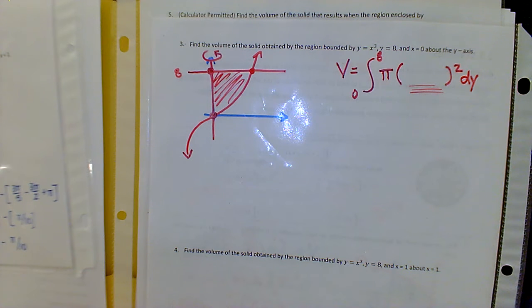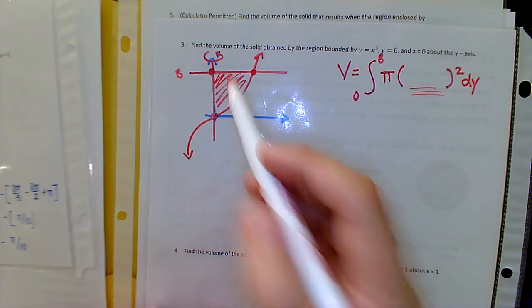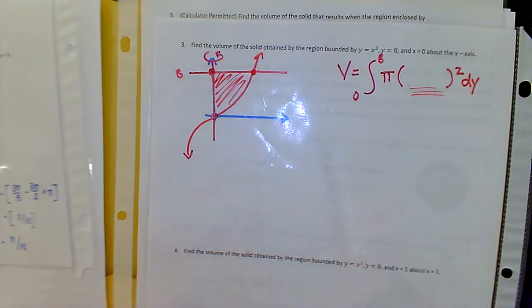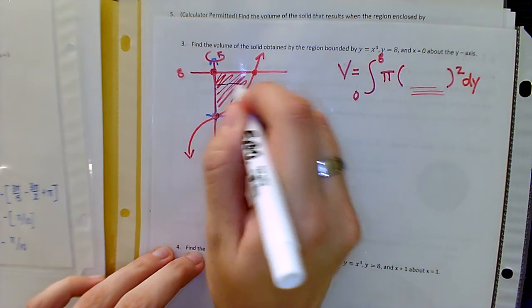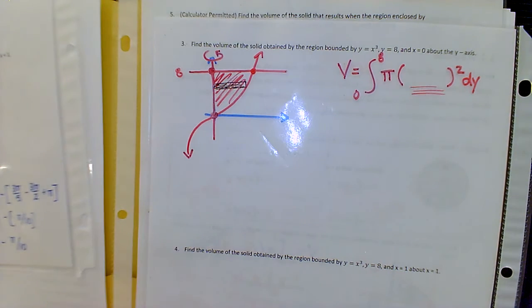Okay, and radius, you could do equation minus axis, or instead of top minus bottom, in this case, if you were to draw a rectangle, it would be horizontal, right? So instead of top minus bottom, you could do right minus left, whatever is easier for you. Okay? What do you think our radius might look like?